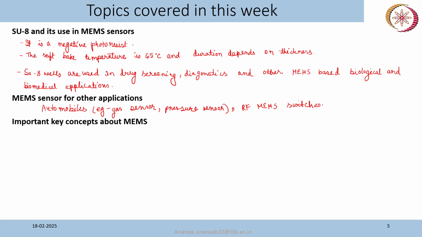Also, if we want to make smaller devices and don't want very bulky electronics, we can go for a small MEMS device which can either transmit or block an RF signal. This is not directly a sensor, but these components can be used in sensing as well.